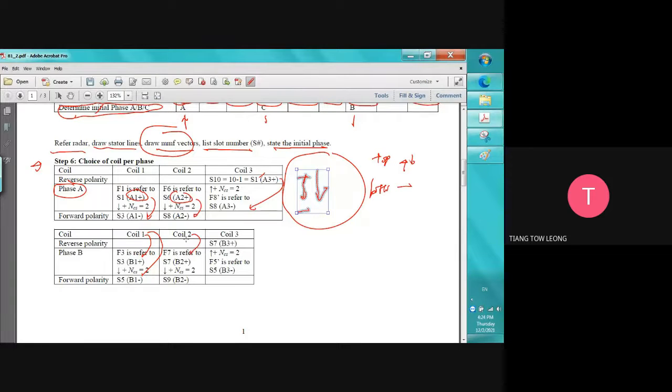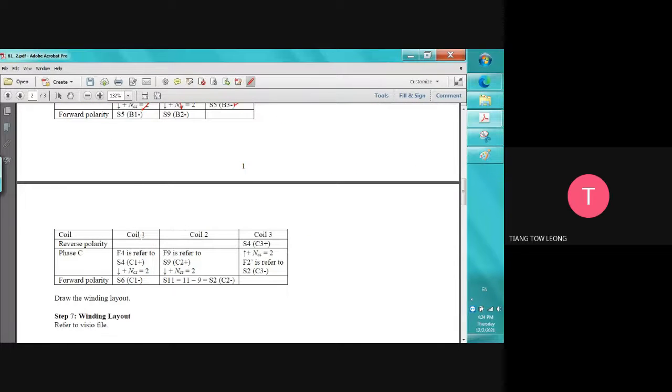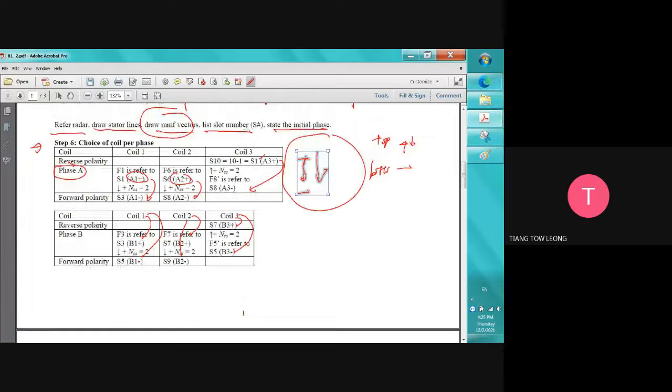B2 plus, B2 minus. B3 plus, B3 minus. C1 plus, C1 minus. C2 plus, C2 minus. C3 plus, C3 minus. Up to here, understand or not? Okay, Doctor, understand. Okay, thank you.